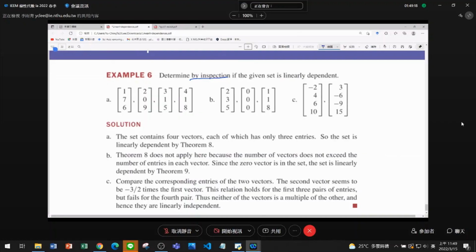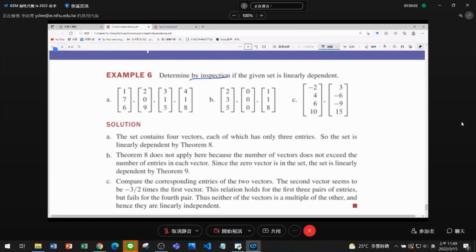For question C, we are in R4 space and there are 2 vectors. So the number of vectors is okay. To judge whether these 2 vectors are linearly independent or dependent, we need to determine whether one vector is a multiple of the other. We are very close to a multiple: -2 times -3/2 equals 3, 4 times -3/2 equals -6, and 6 times -3/2 equals -9.